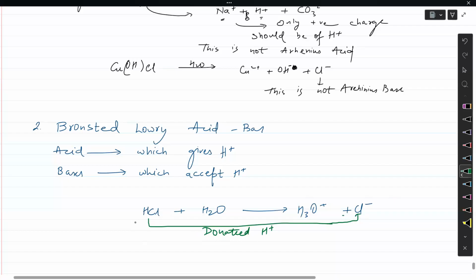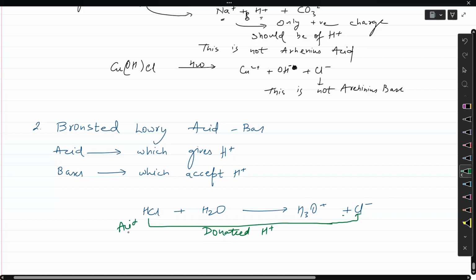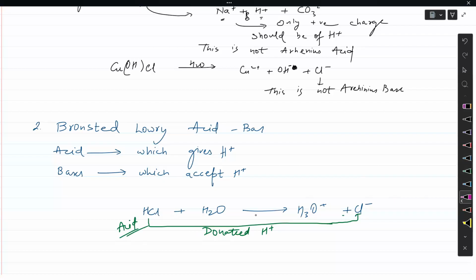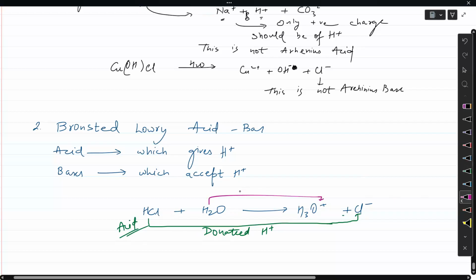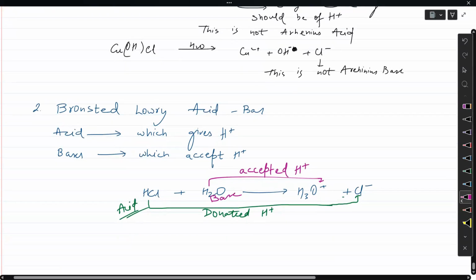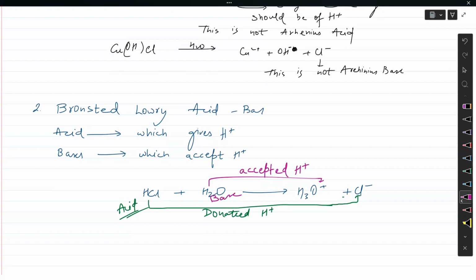So HCl is an acid according to Bronsted-Lowry. Now H2O has become H3O plus, so it has accepted H plus. That is why he said that this is a base. Yes or no? Yes, sir.